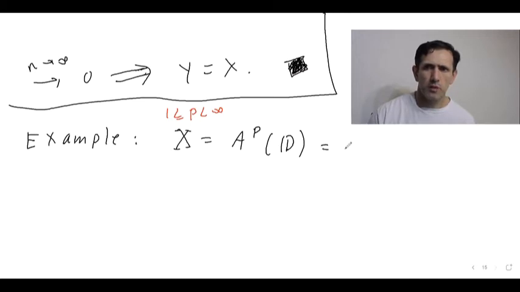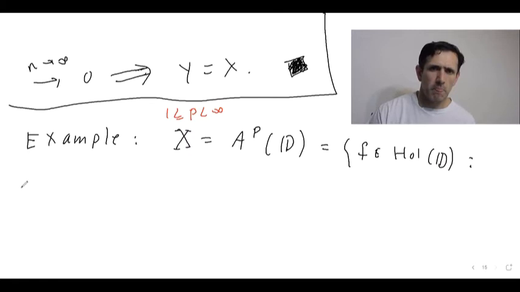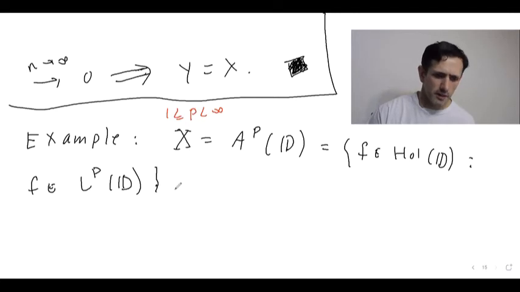And just to remind you of what this is: all holomorphic functions on a disk where the LP norm on the disk, f is in LP of the disk.